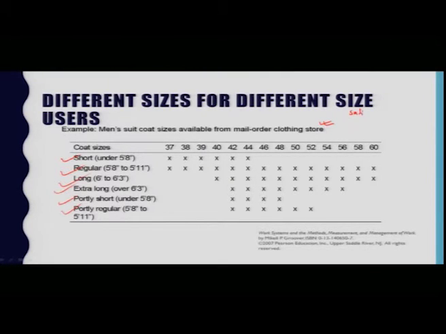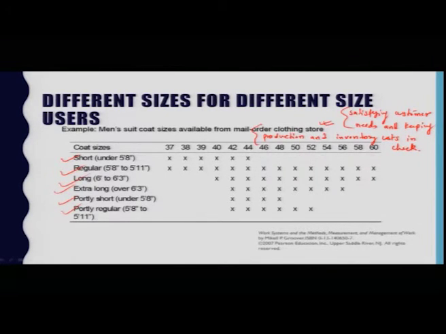So, the major concern here is satisfying customer needs and obviously keeping production and inventory cost in check. So, these are the challenges which those industries face, and based on which they decide their course of action.